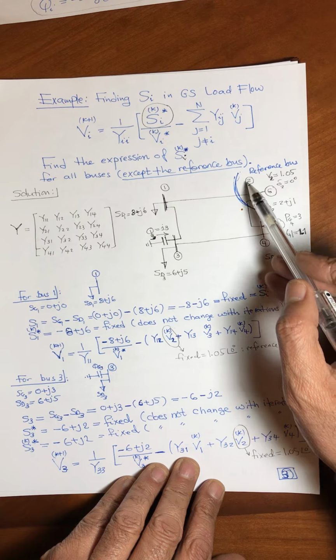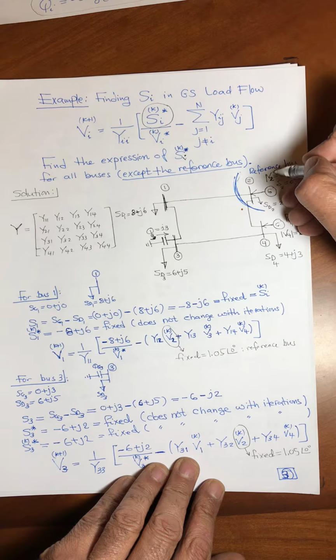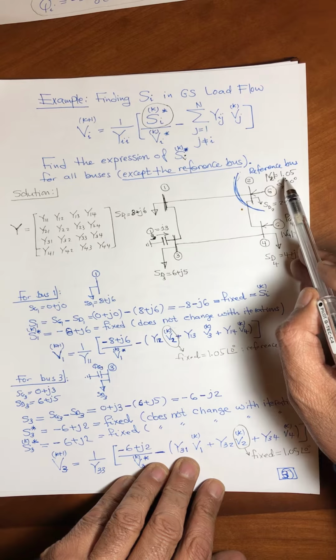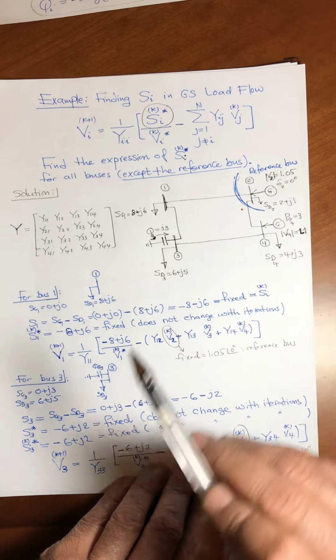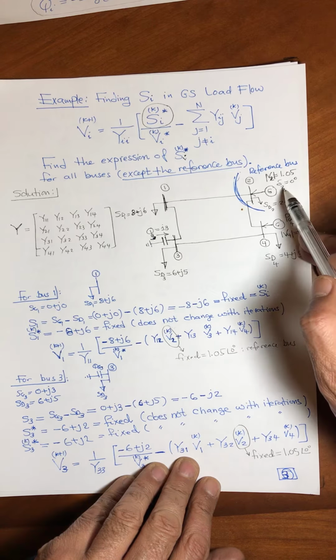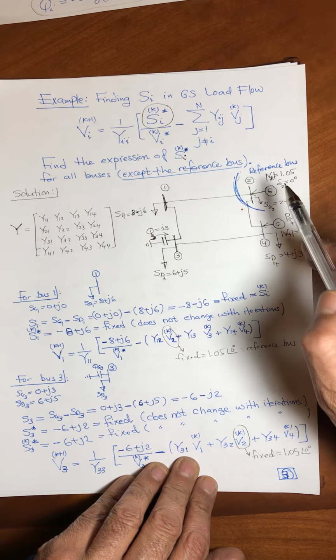Because it is a generator bus, voltage magnitude at bus number 2 is known. Let's assume given as 1.05 per unit. والangle at bus رقم 2 is 0, which means it's a reference bus.